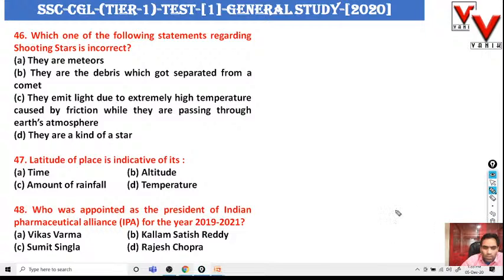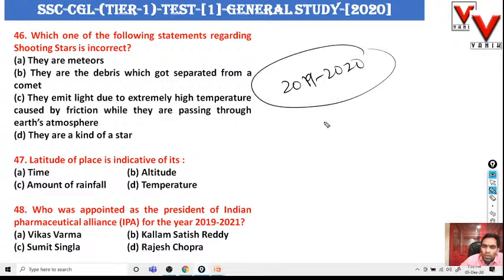Now we are going to discuss the 48th question. Who was appointed as the President of the Indian Pharmaceutical Alliance for the year 2019 to 2021?